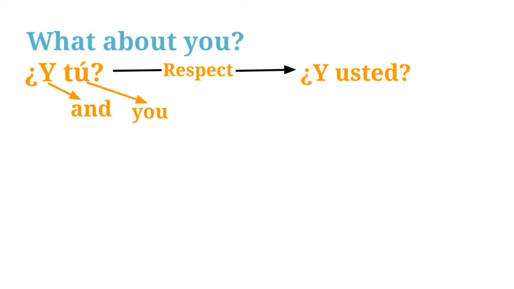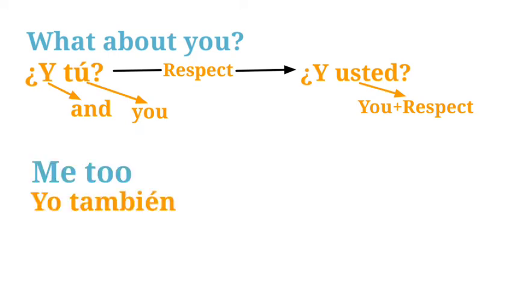The word usted is used for second person singular when we really want to show respect to that person or when it's a formal situation. So it's y tú or y usted. So if somebody says y tú, you can say yo también. Yo means I, también means also. So it would be like I'm also good.